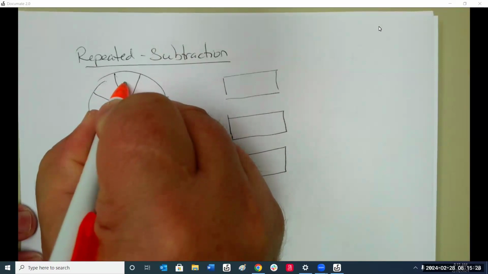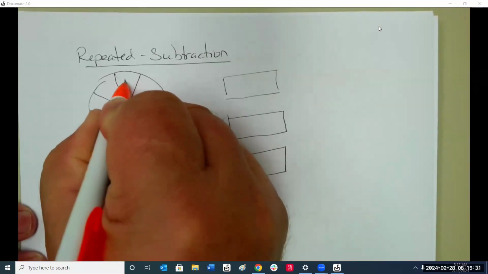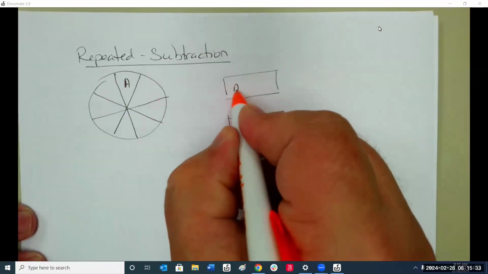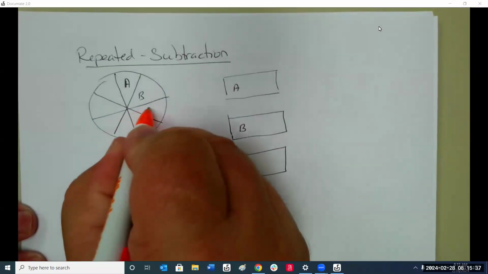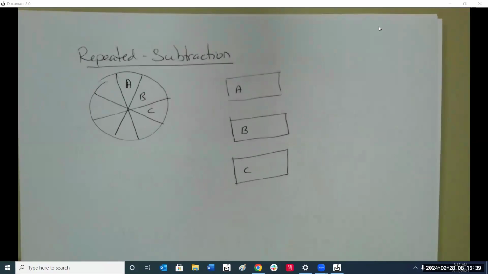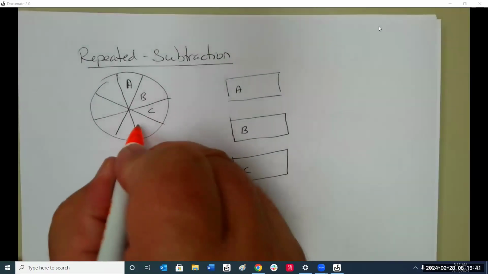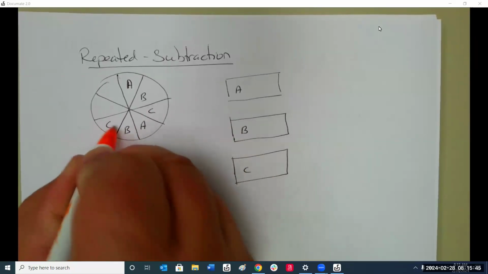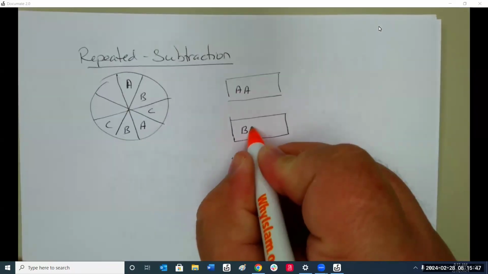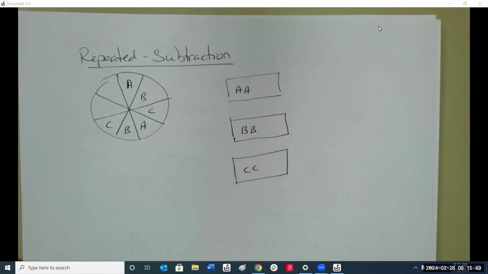So you start. You take the first piece, that goes to person A. The second piece goes to person B. Third piece goes to person C. Those are gone. And we repeat the process. Take away that piece, take away that piece. Now we have these 2 pieces.